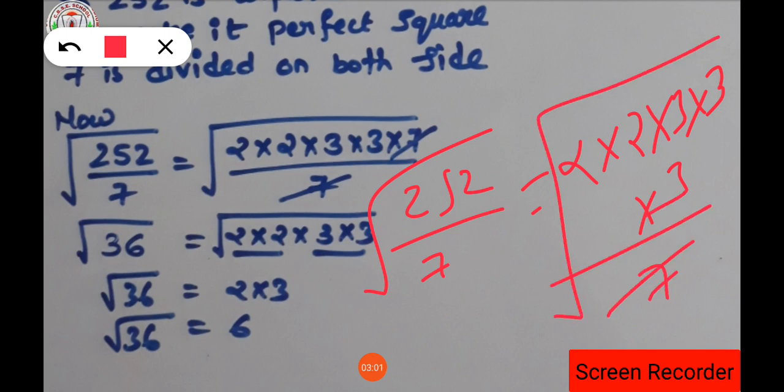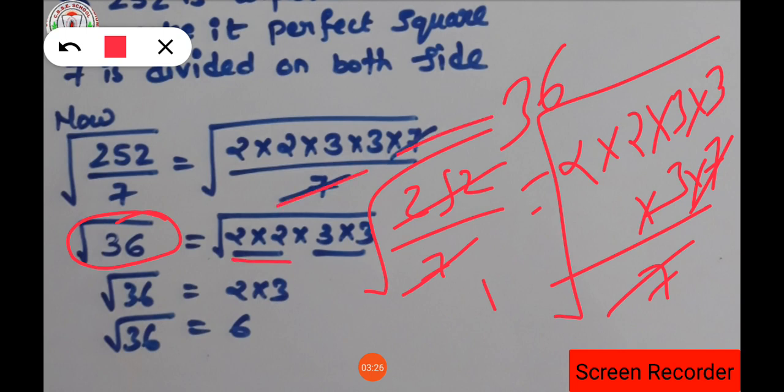So the 7 in the denominator and the 7 in the numerator will get cancelled. Then in the table of 7, 7 sixes are 42... that means 252 comes in the table of 7 how many times? 36 times. That's why here we have written 36 under the root, and the 7s in the numerator and denominator get cancelled, so 2 into 2 into 3 into 3 is left.